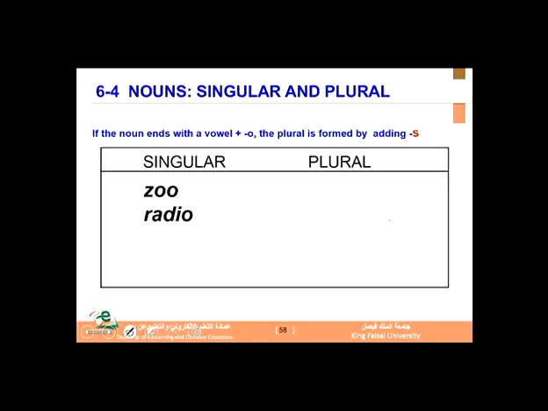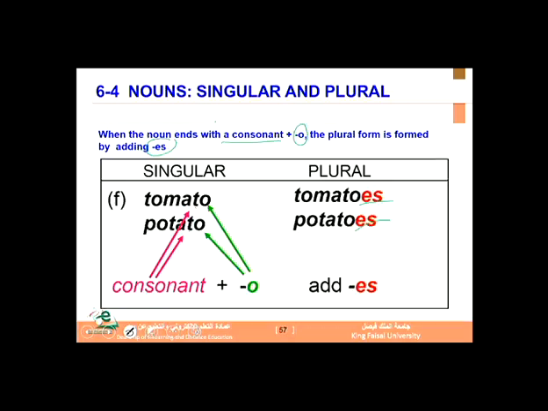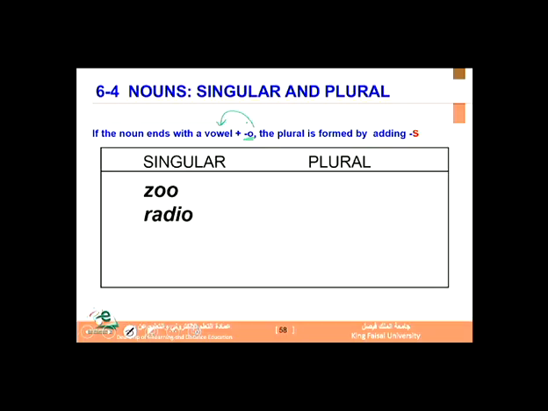Now, sometimes we have nouns that end with an O, but before O we have a vowel. In the previous slide, we had words that end with O, but before O we have a consonant. Here we have a word ending with O, but before O we have a vowel.